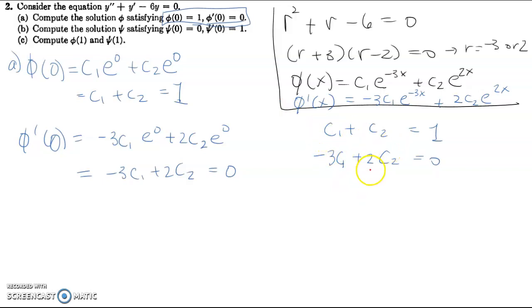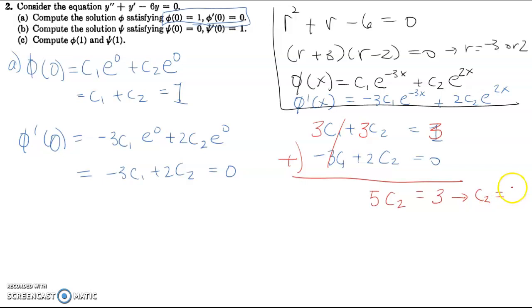We have two unknowns and two equations, so we can solve this. I'm going to multiply our first equation by 3 and add the system of equations. 3c1 minus 3c1 cancels out, so we have 5c2 equals 3. From here, c2 equals 3 over 5.